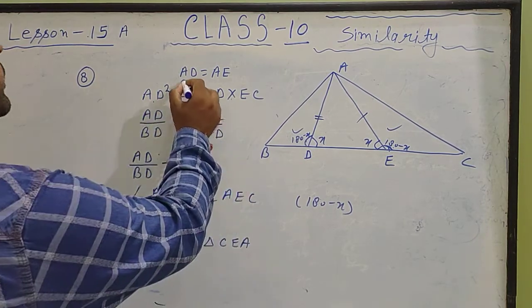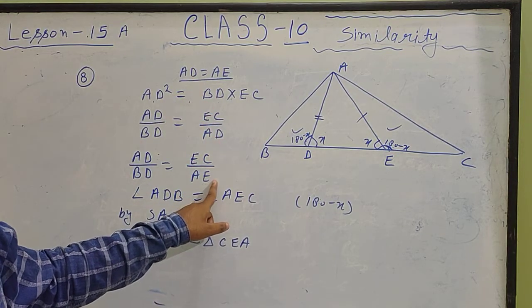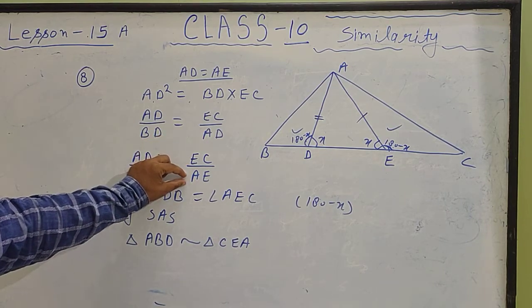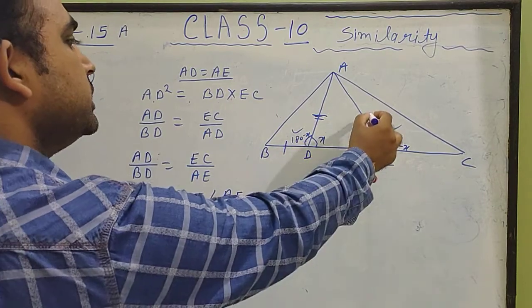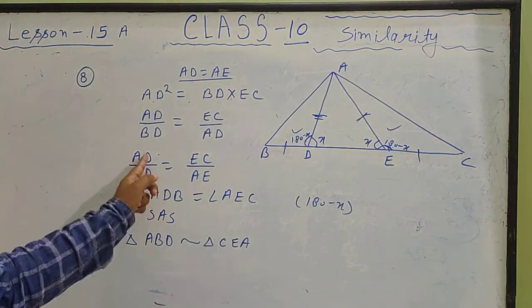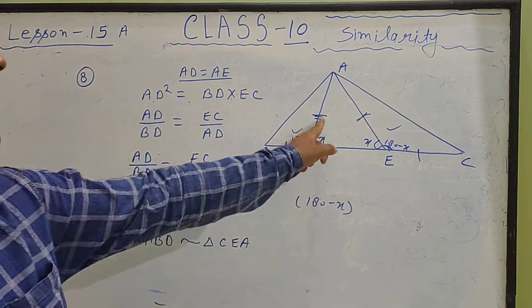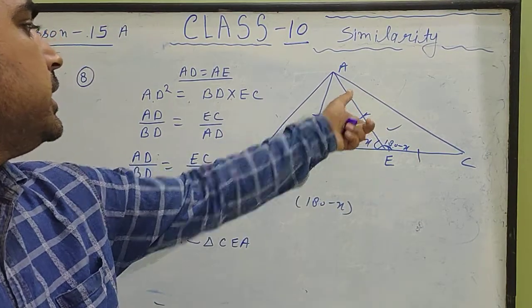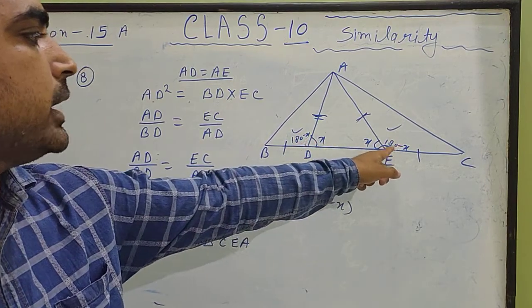Now it is given that AD is equal to AE, so in place of AD you can write AE. So AD upon BD is equal to AE upon EC, and this angle is 180 minus x and 180 minus x.